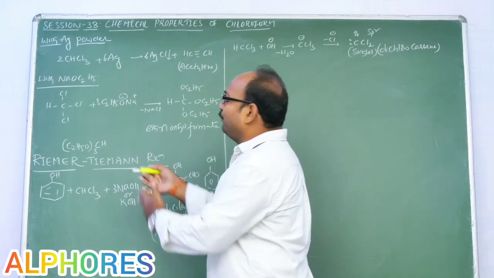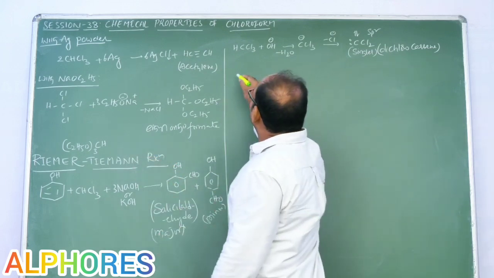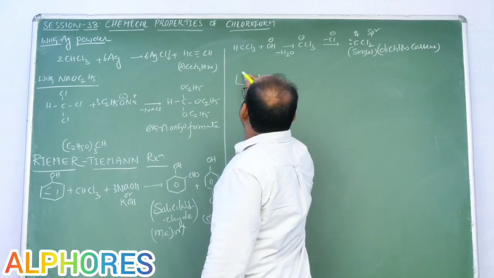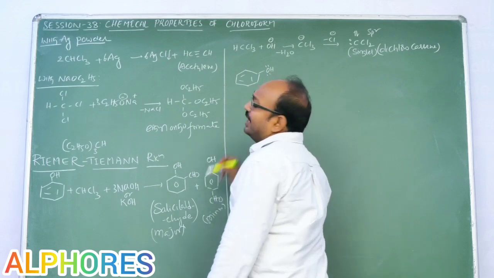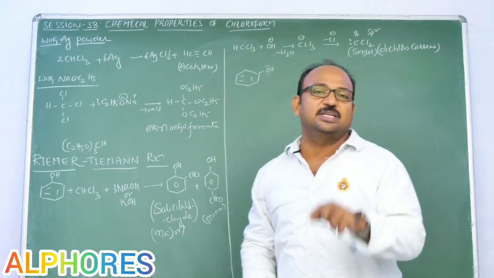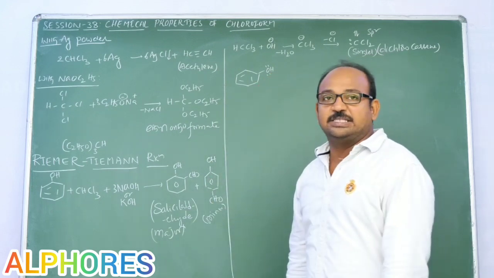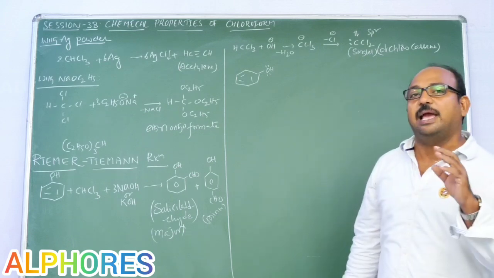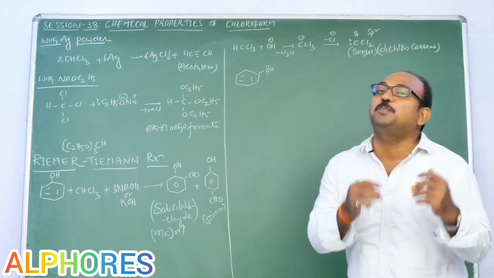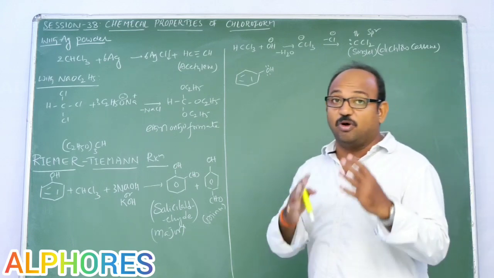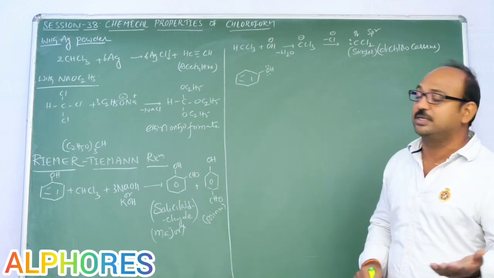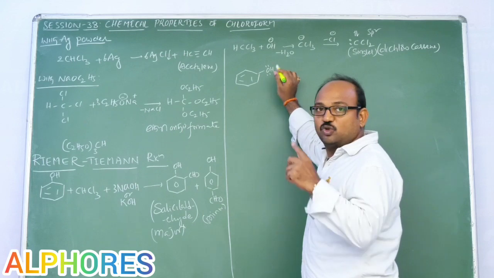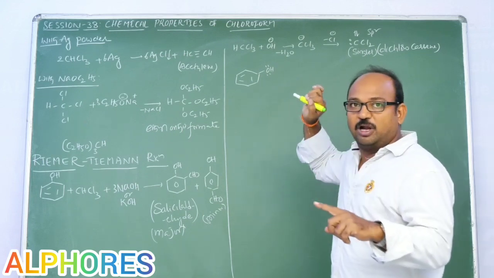Now, as we know, phenol, in the previous session, this point also we learned. In the case of phenol, the oxygen lone pair readily participates in delocalization. Hence, phenolic oxygen has more sp2 character. Generally, oxygen is sp3 hybridized, with 2 lone pairs and 2 bond pairs.